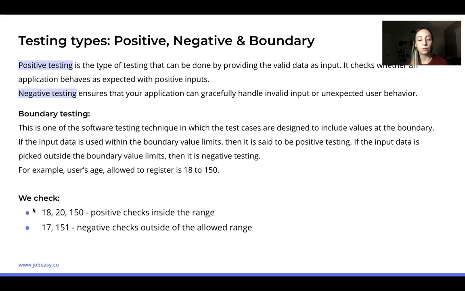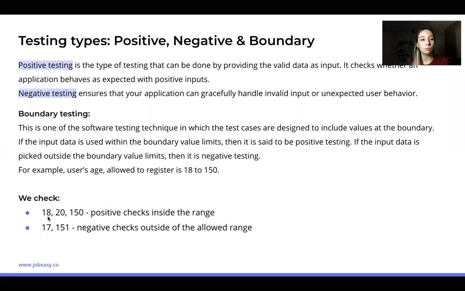So with 18, you verify that you can register as a user. Then create another user, pick 150, verify that you can register, and then pick a value in between. That's just a good practice of boundary testing. Also verify that you can register as a user who is, let's say, 20 or 30 or 84, whatever, just something in between.